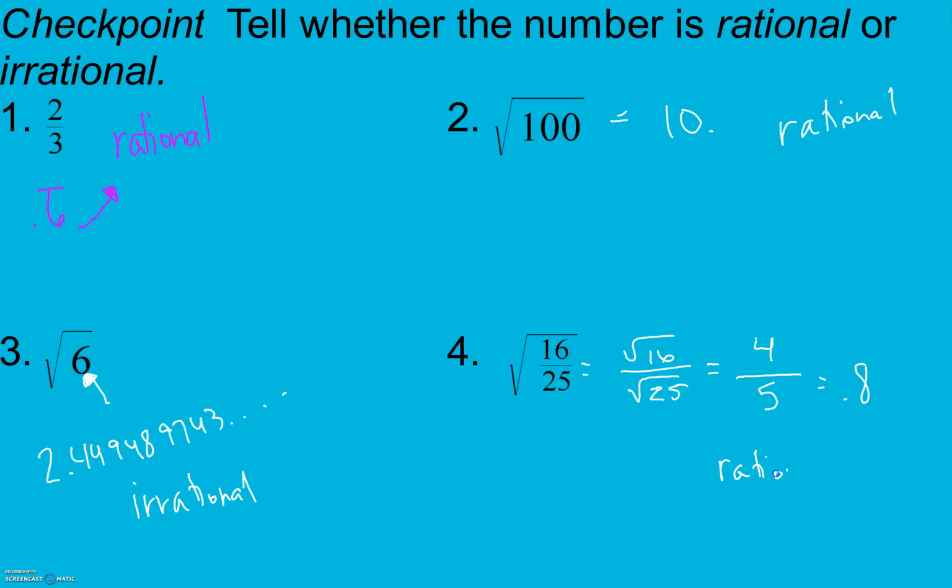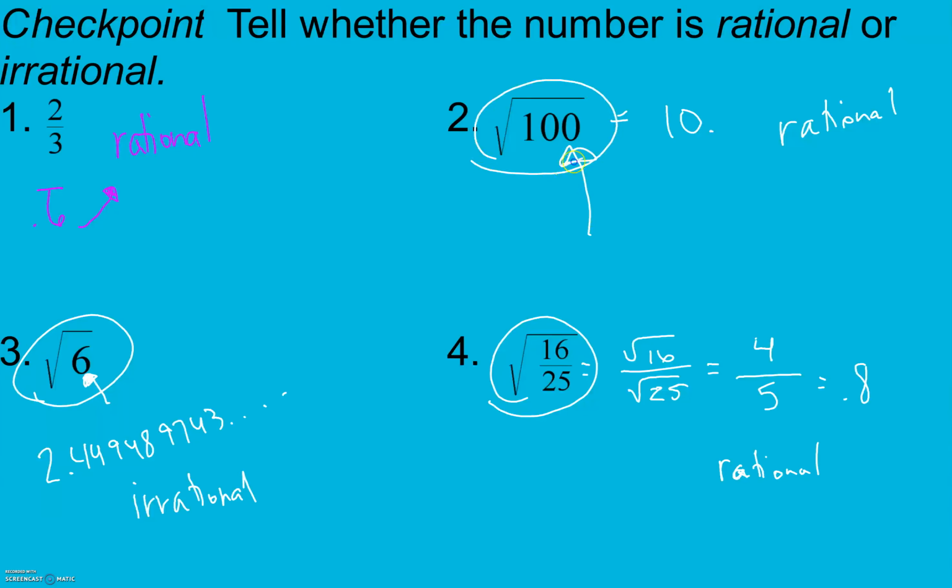Here it's rational. So again, we have to be careful when we see square roots. If they're square roots of perfect squares, they're still rational. If they're square roots of numbers that are not perfect squares, they're going to be irrational.